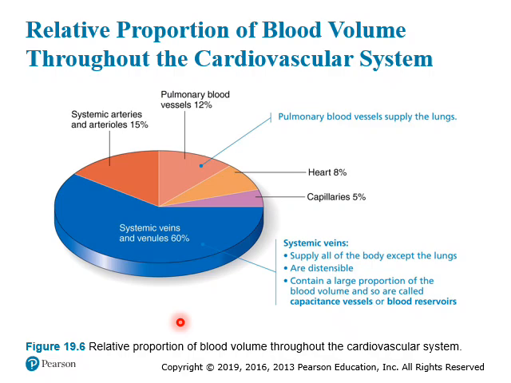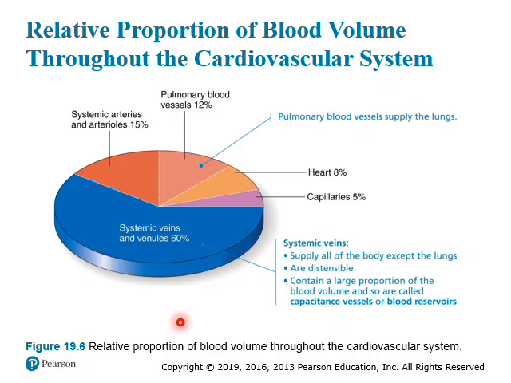And here's actually one of the fun facts about the vein. A relatively high proportion of blood volume throughout our cardiovascular system is being kept by the veins, approximately 60%, and that's really very big, bigger than half of your blood volume.